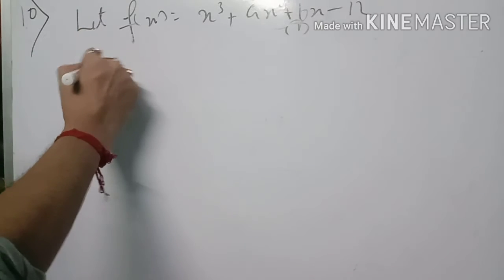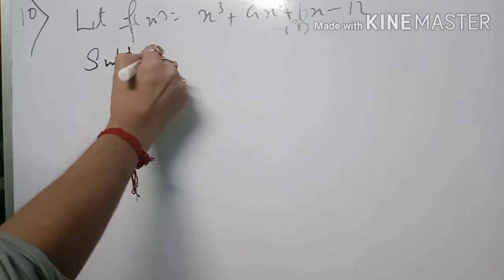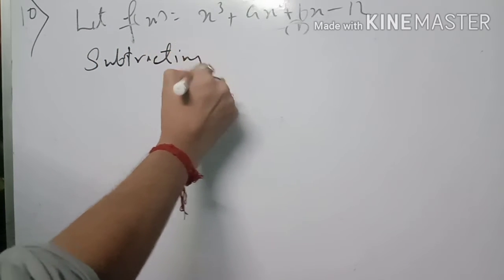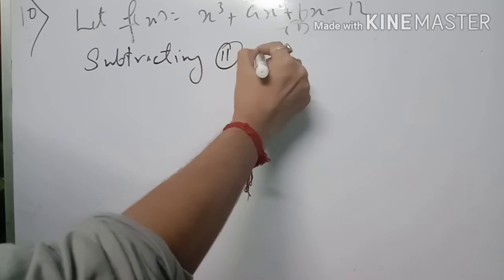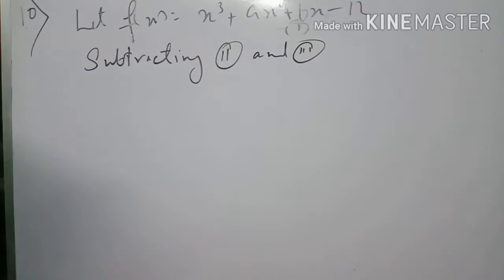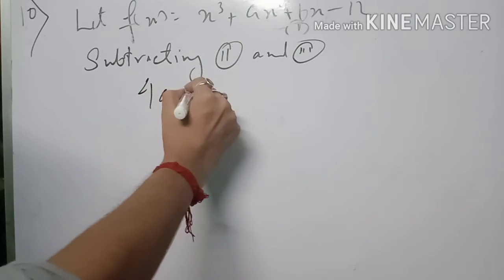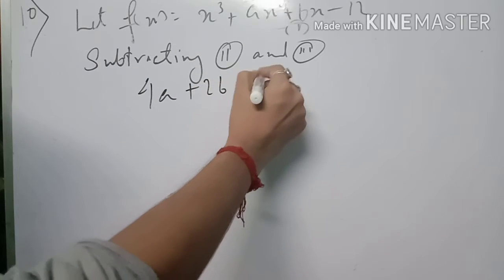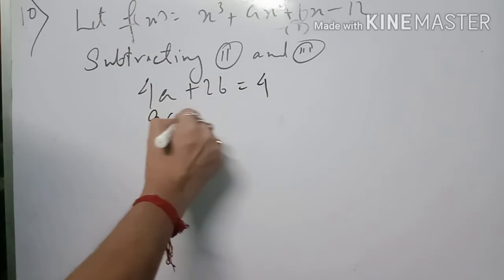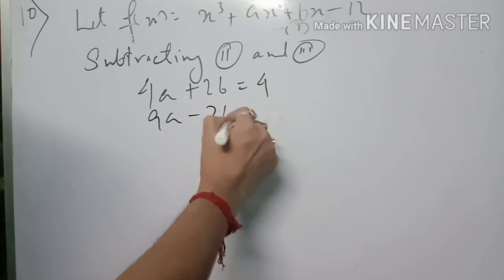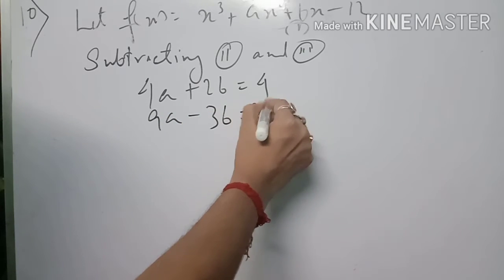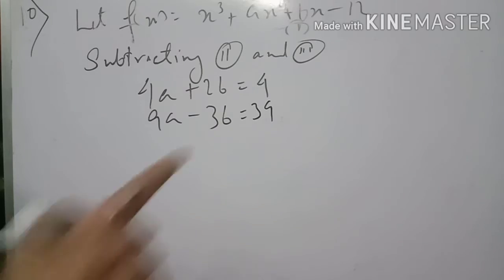Now subtracting equation number 2 and 3, we have 4a plus 2b equals 4, and 9a minus 3b equals 39.